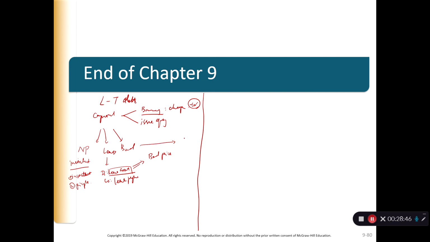Bond is relatively a little bit more complex. We said the bond has a face value and the stated rate, right? And if the market rate equals the stated rate, we think that the bond is issued at par or at face value. Hence the interest expense and the payment are always the same, they don't change.